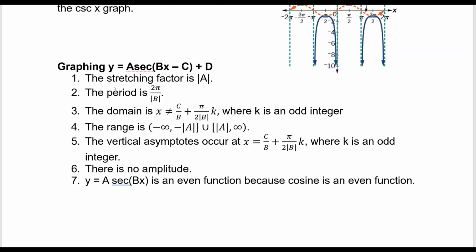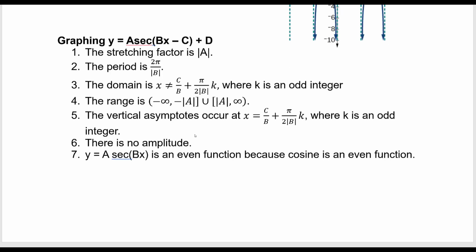So here's some breakdown of this. Y equals a secant of bx minus c, plus d. The stretching factor is the absolute value of a. Our period is back to 2 pi over the absolute value of b. Our domain, because we have these vertical asymptotes, is everywhere except c over b plus pi over 2 times the absolute value of b times k, where k is an odd integer.